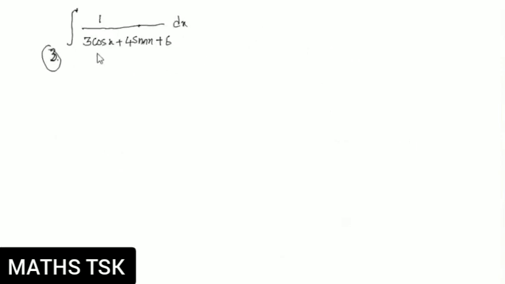Third example, a cos x plus b sin x plus c will also be given. Here it is also the same. Put tan x by 2 is equal to t. This implies dx is equal to 2 dt by 1 plus t square, and then the remaining thing is the same.